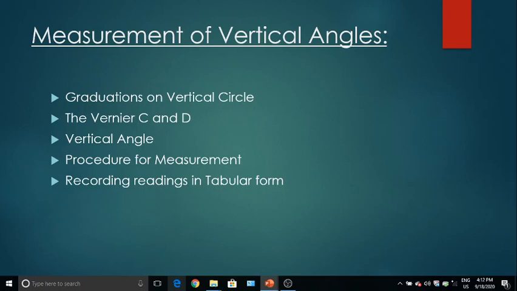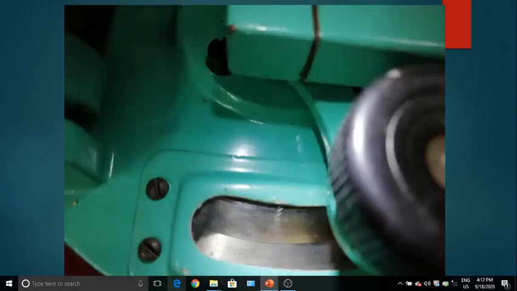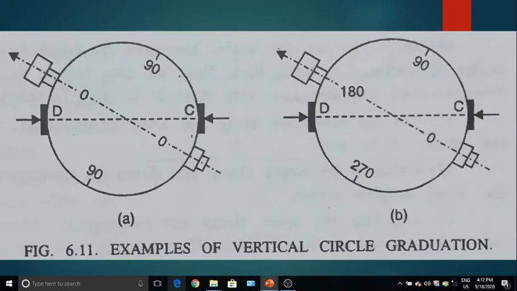So here in theodolite, apart from a horizontal circle, there will be a vertical circle. I'll show you.